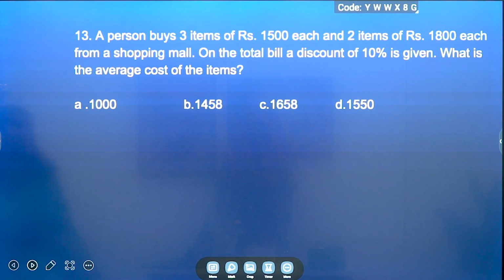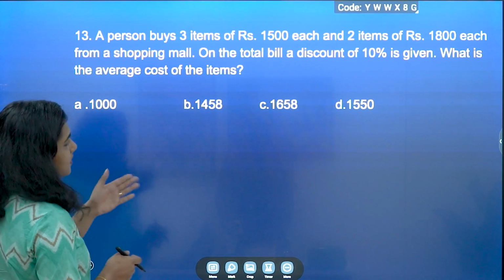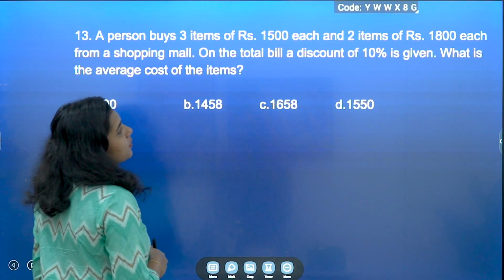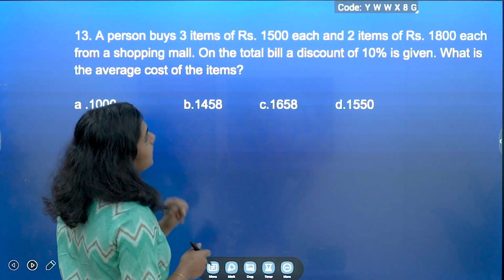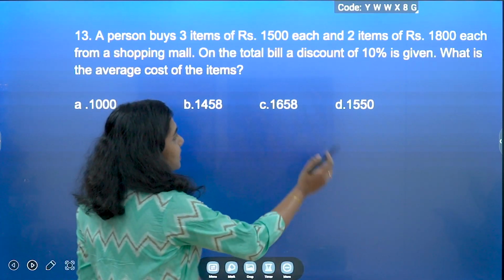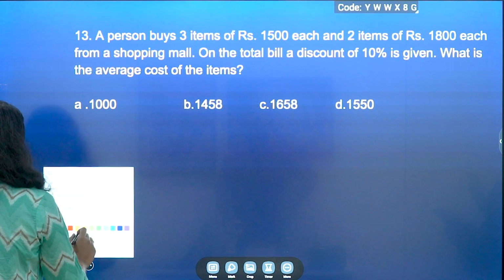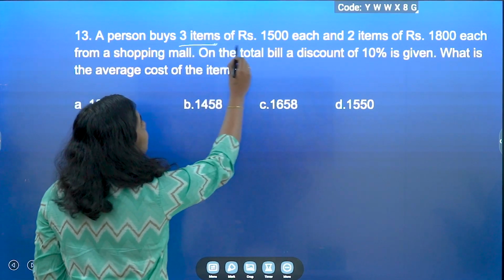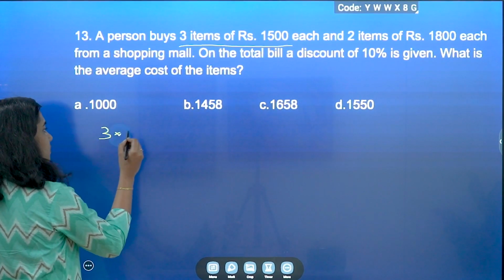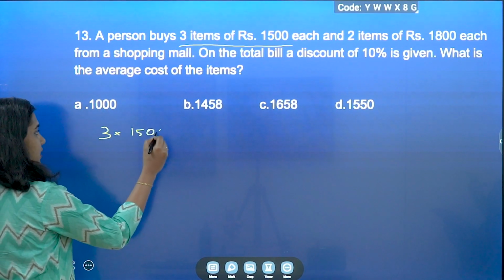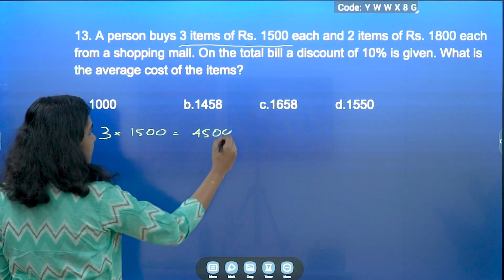A person buys 3 items of rupees 1500 each and 2 items of rupees 1800 each from a shopping mall. On the total bill, a discount of 10% is given. What is the average cost of the items? So 3 items of rupees 1500, that means 3 into 1500, which will give you 4500, right?